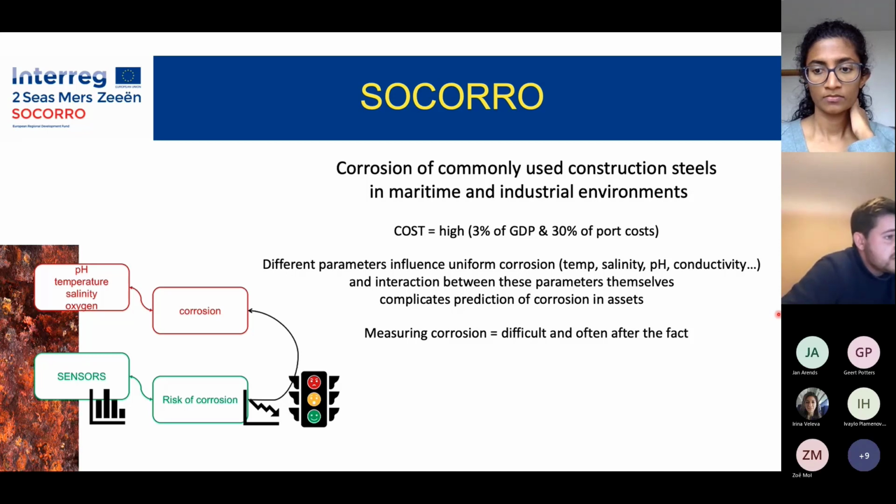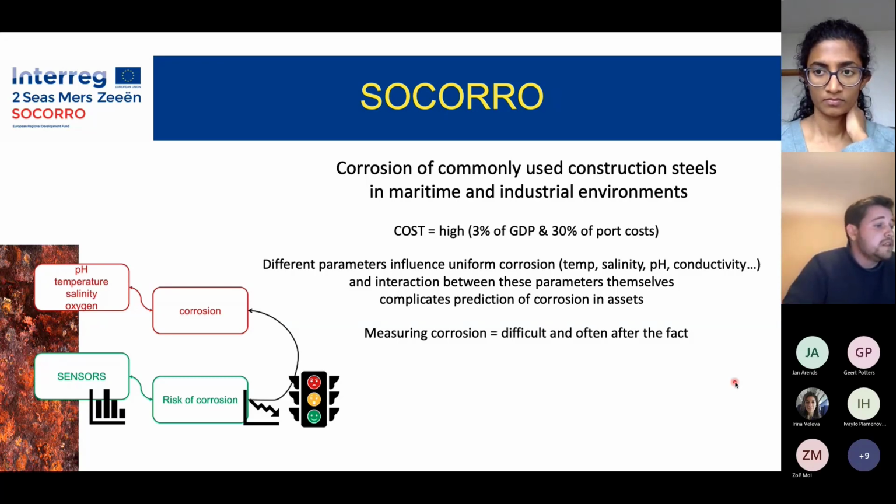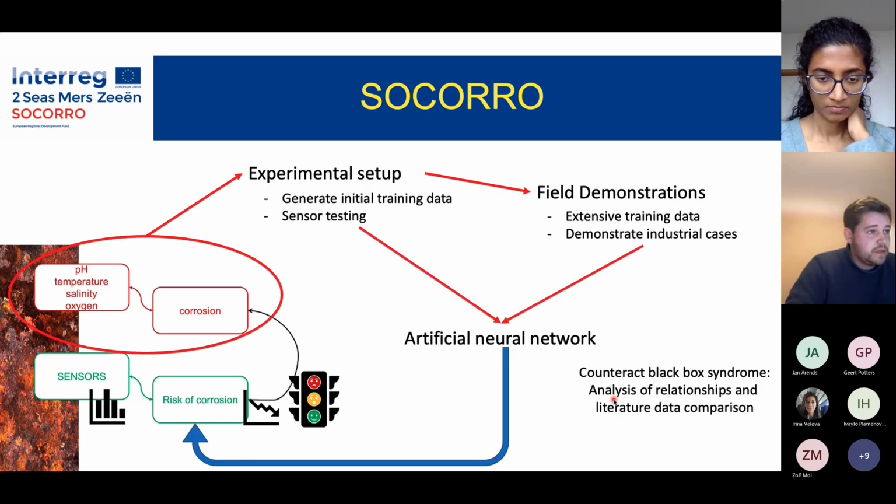The algorithm is trained on 3 different alloys, S235, S316L, and S355, so commonly used construction steel in this maritime and industrial environment. The outcome will be a red, yellow, or green situation for the alloy you're using in a set of water quality parameters.